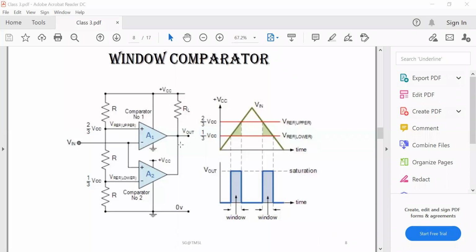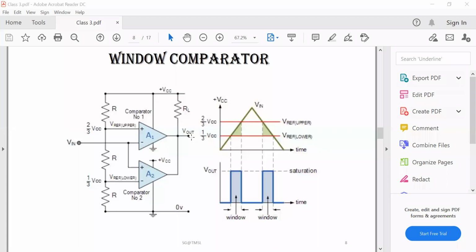When V in exceeds this 1/3 VCC lower voltage level, the first op-amp comparator detects this and switches its open collector output voltage high. This means that both op-amps have their outputs high at the same time, so no current flows through the pull-up resistor RL. So V out equals VCC in this case. Clear?